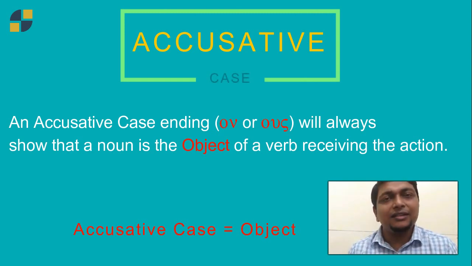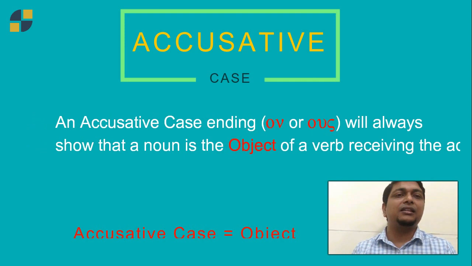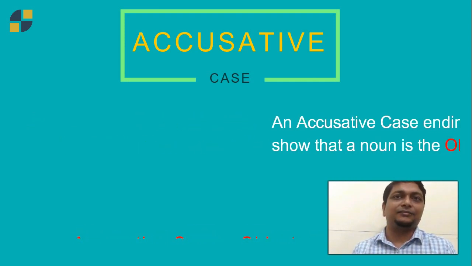An accusative case ending with on or us for the masculine type noun will always show that the noun is in the object form, the object of the verb receiving the action.